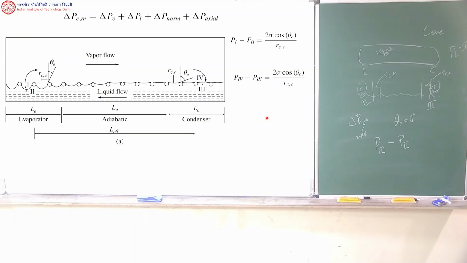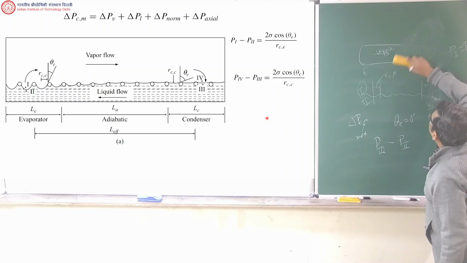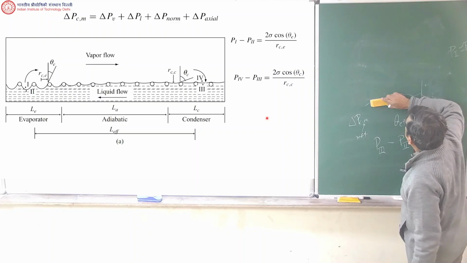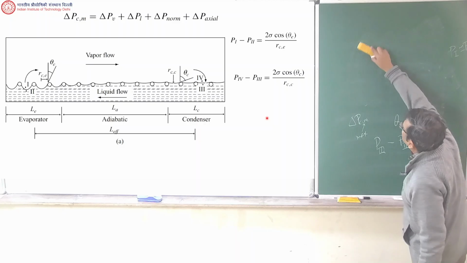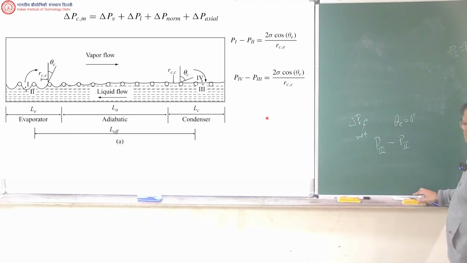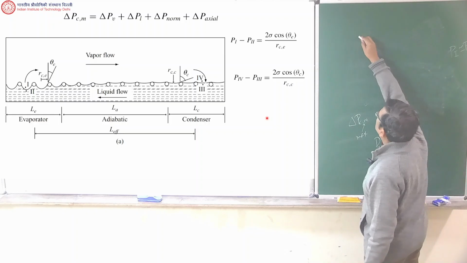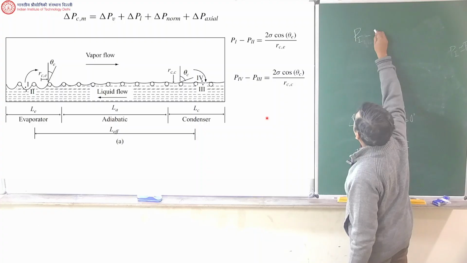To get this P3 minus P2, we can do P1 minus P2.